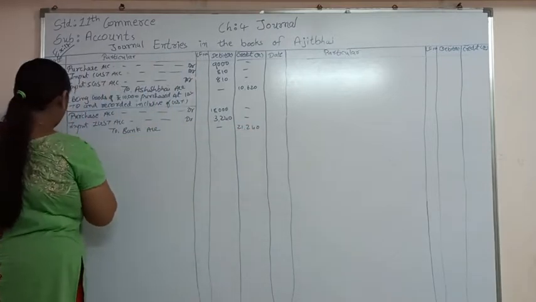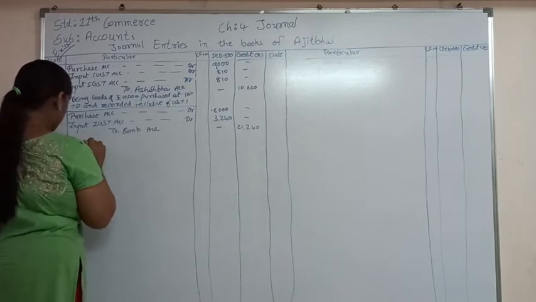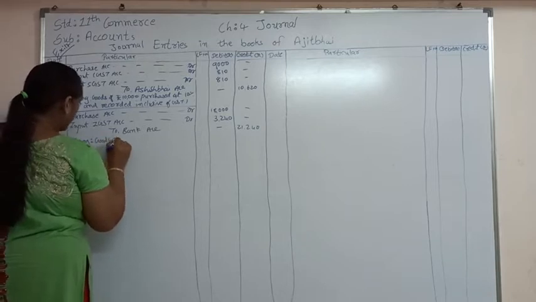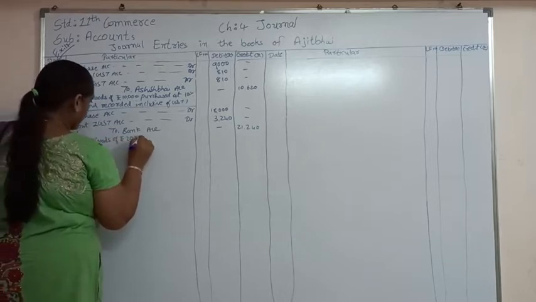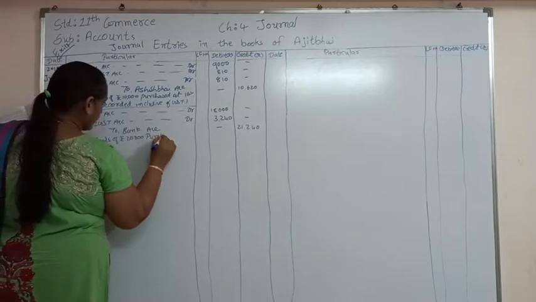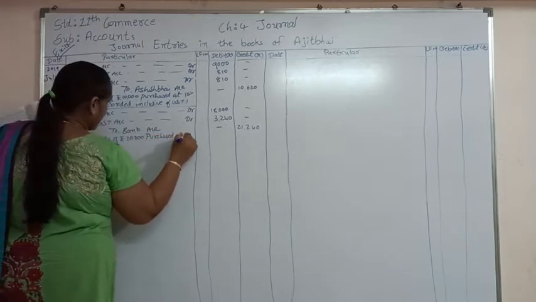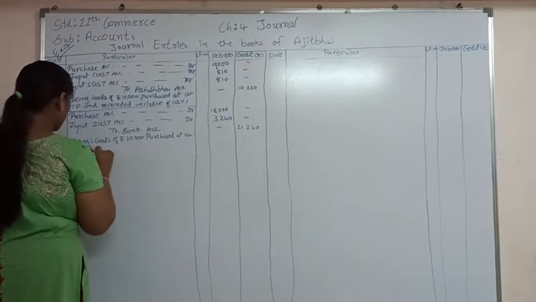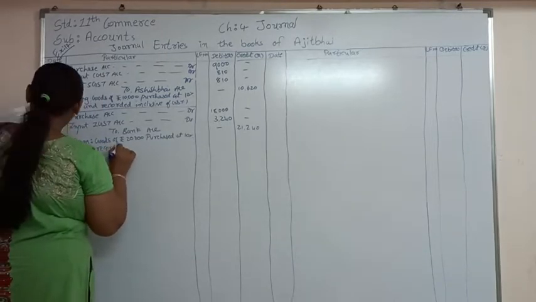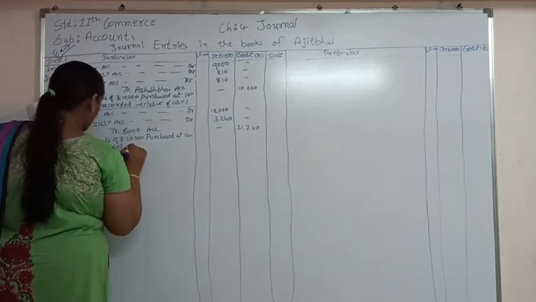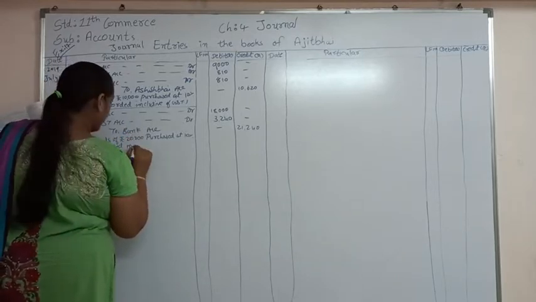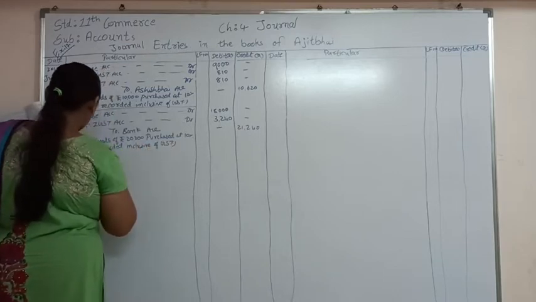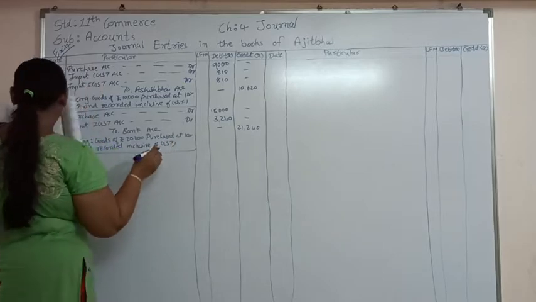Being goods of rupees 20,000 purchased at 10% trade discount and recorded inclusive of GST.